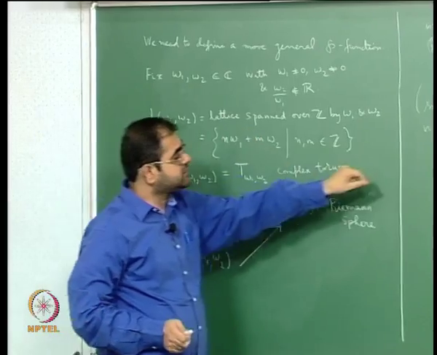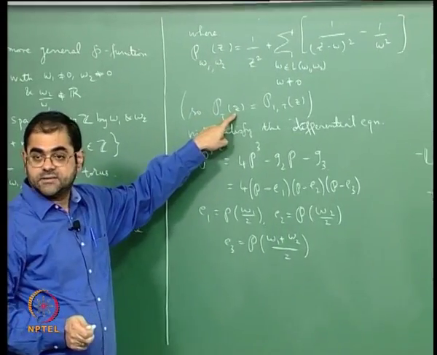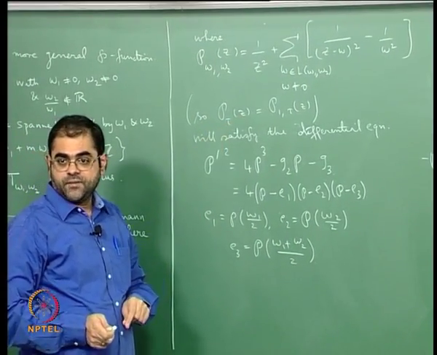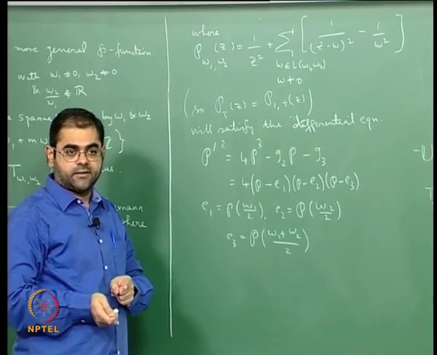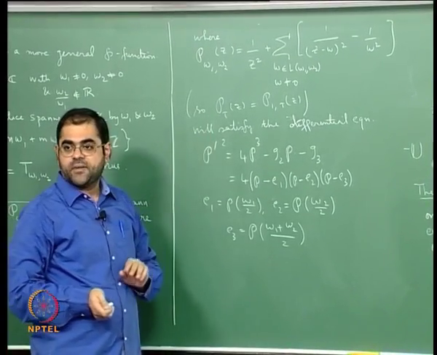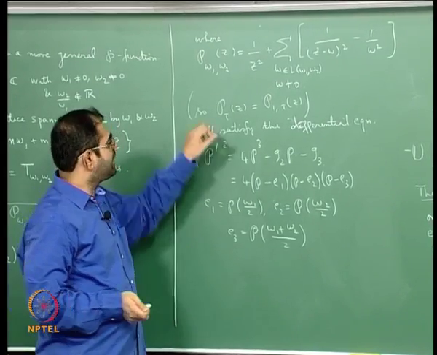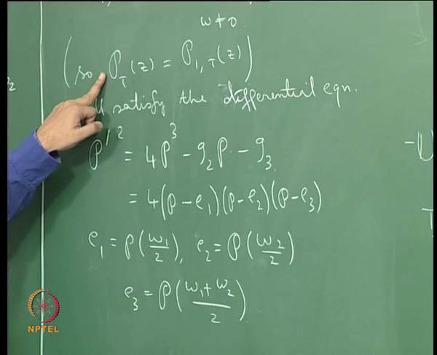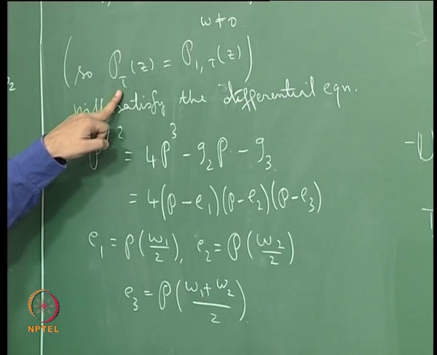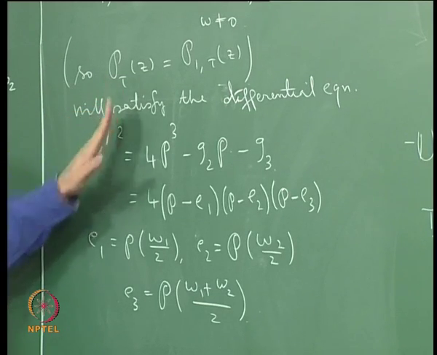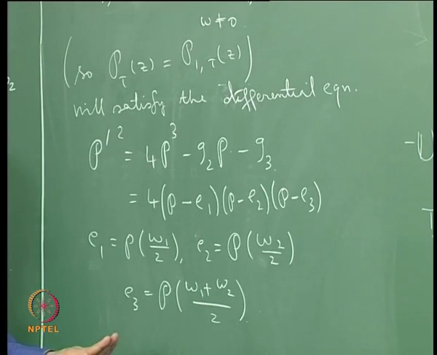Okay, in the original phi sub tau that we defined, tau was in the upper half plane, so I couldn't replace tau by minus tau, because if tau is in the upper half plane, minus tau is in the lower half plane, and I have not defined the phi function when tau is in the lower half plane. Okay, so it is only to overcome that difficulty that I am looking at this more general phi function.